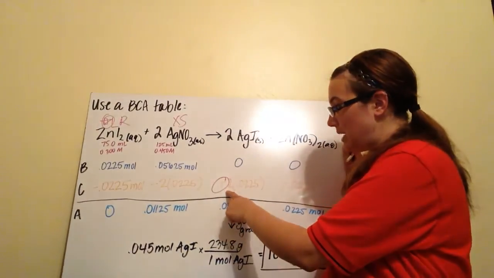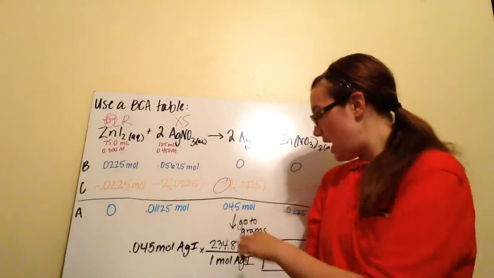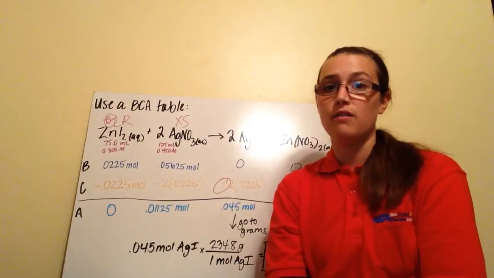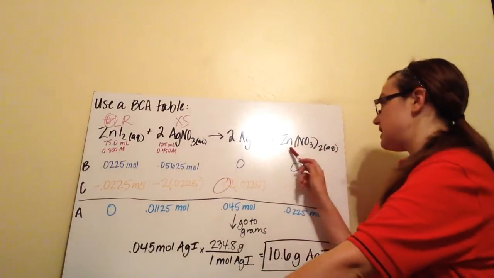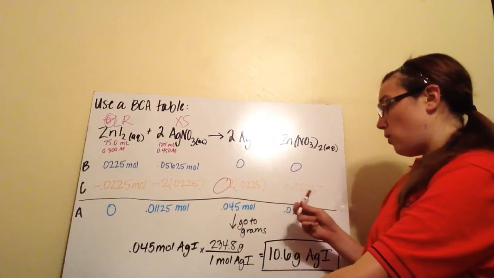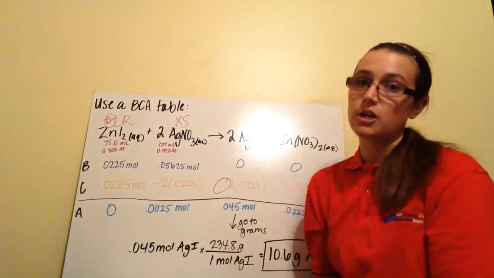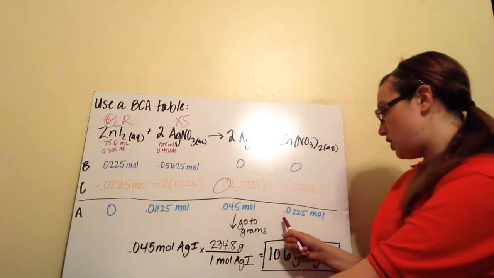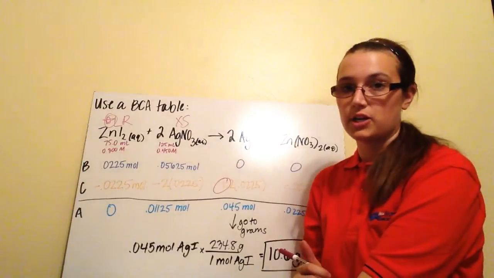So you're going to be adding 2 times 0.0225 moles, and we get 0.045 moles of silver iodide that we form. If we look at the zinc nitrate, we're only forming 0.0225 because it's a 1-to-1 ratio with the zinc iodide, and so we make 0.0225 moles after the reaction.